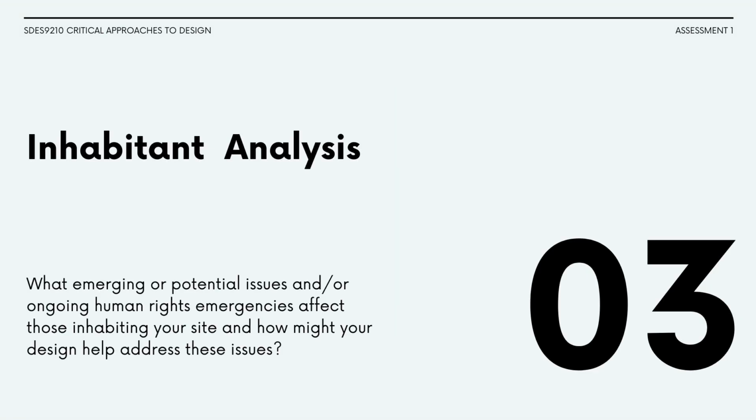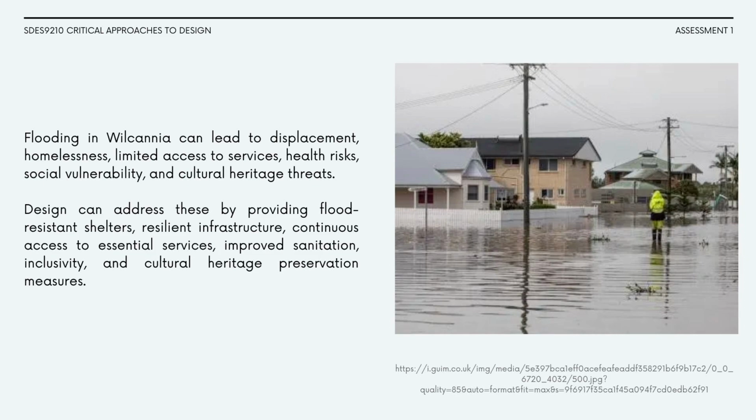Thanks. And in inhabitant analysis, I will answer this question through some research. Flooding in Wilcannia can lead to displacement, homelessness, limited access to services, health risks, social vulnerability, and cultural heritage threats. Design can address this by providing flood-resistant shelters, resilient infrastructure, continuous access to essential services, improved sanitation, inclusivity, and cultural heritage preservation measures.